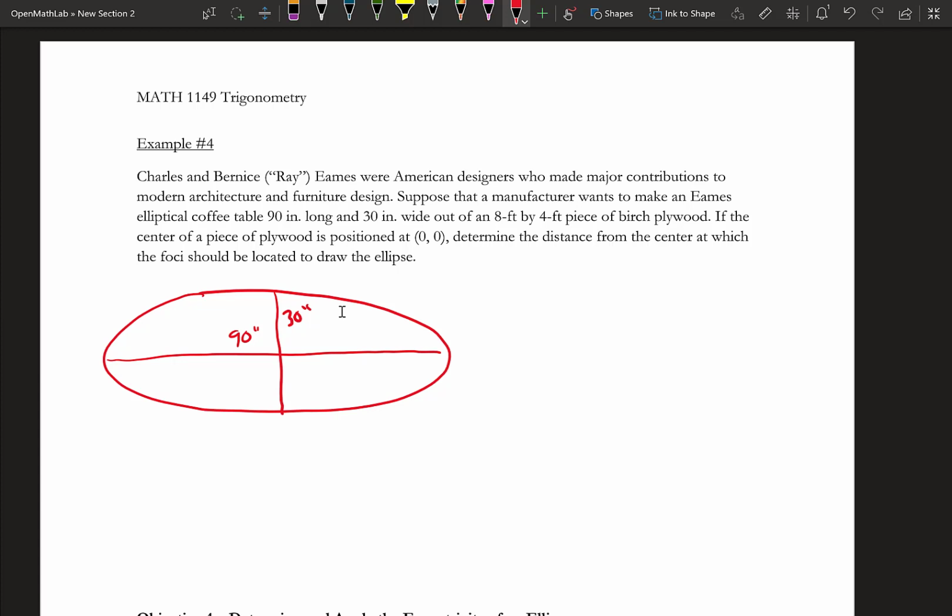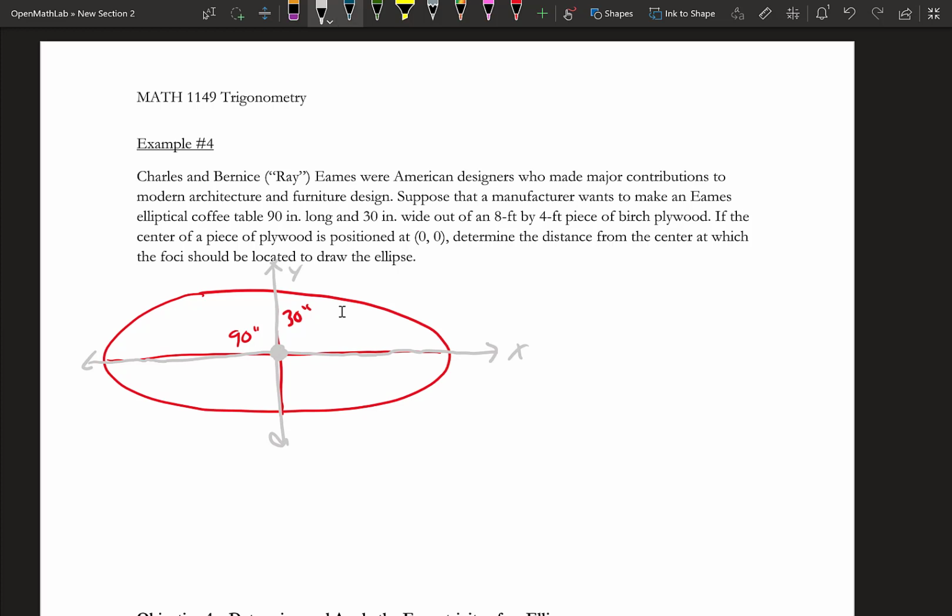We can move it around. For ease, I have a preference: I like it when the major axis is horizontal along the x-axis, so I just drew it like that. So what we want to do is make this the x-axis and this the y-axis, so that the center is at the origin.